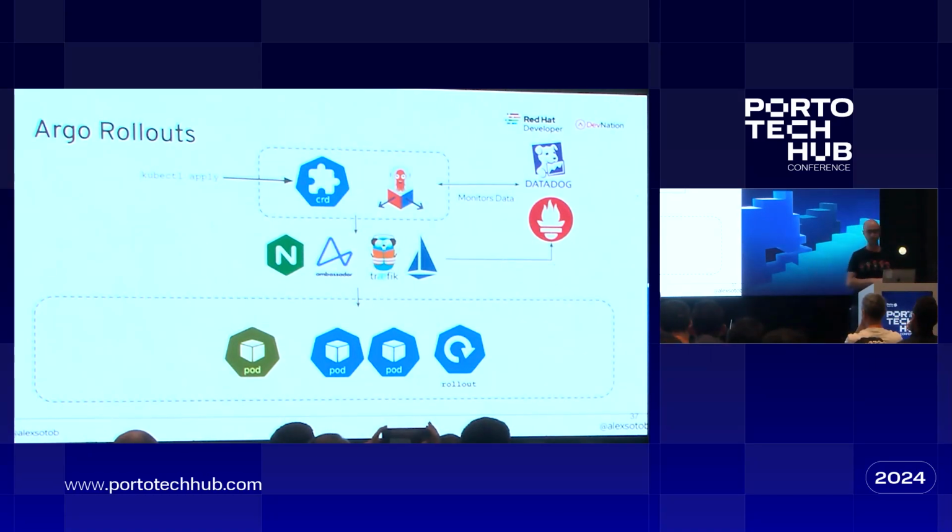I'm using Datadog, I'm using Prometheus, whatever you're using. So you say, okay, this is my monitoring tool, and these are the metrics that I want to compare. For example, the error codes. If there is a difference between this version and the old version in terms of error codes, then stop the rollout. But if the error codes are similar, then continue with the rolling update. These are things that you can do.